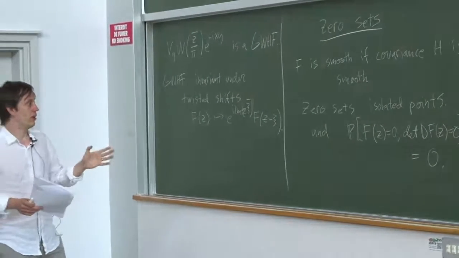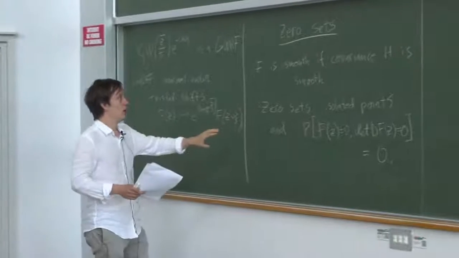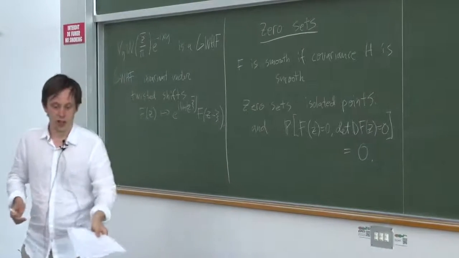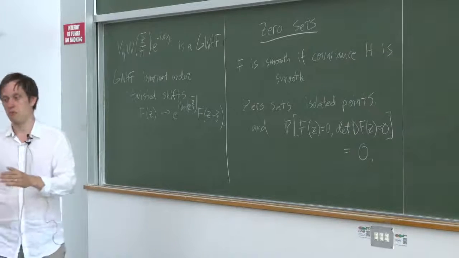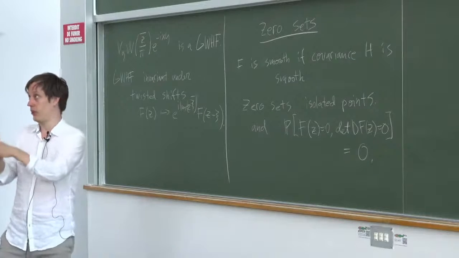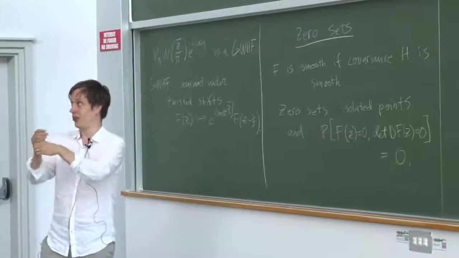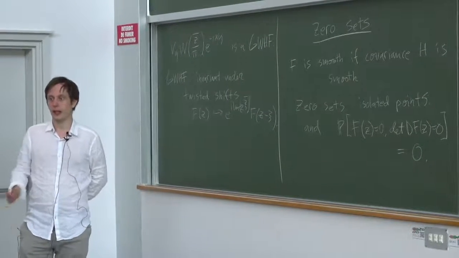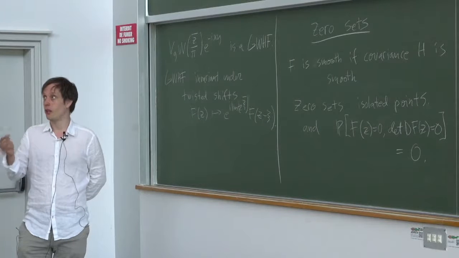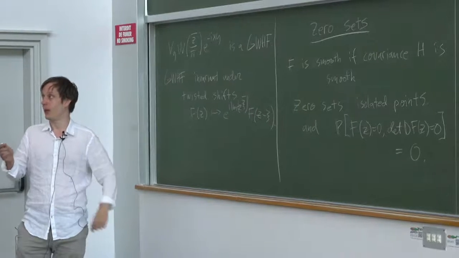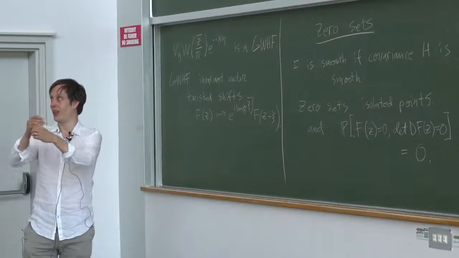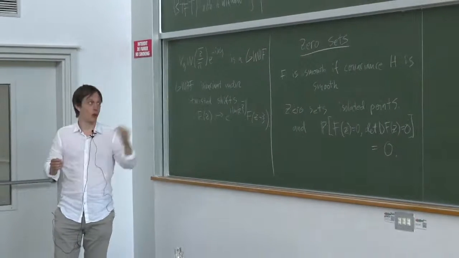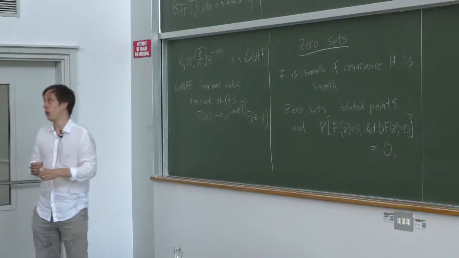To give you some intuition why the zeros are isolated, think what needs to happen if the zero set would be a little curve, for example. So suppose that there's a curve of zeros. That would mean that both the imaginary part and the real part have to be 0 at the same time on this curve, so that the complex valued function would be 0.